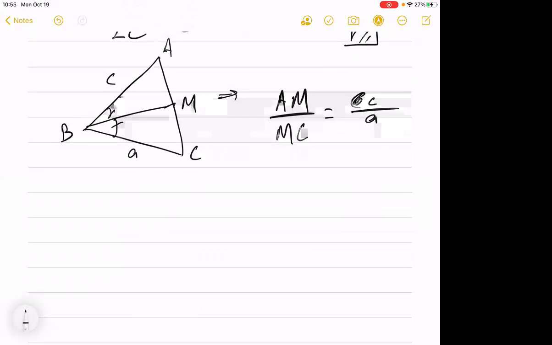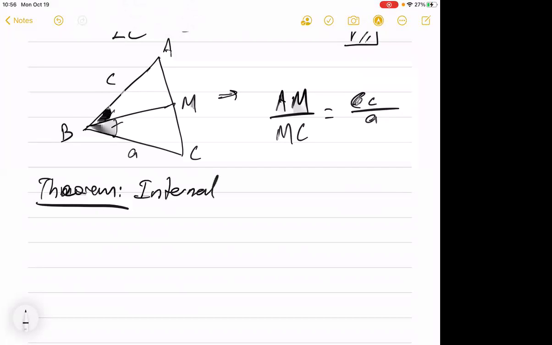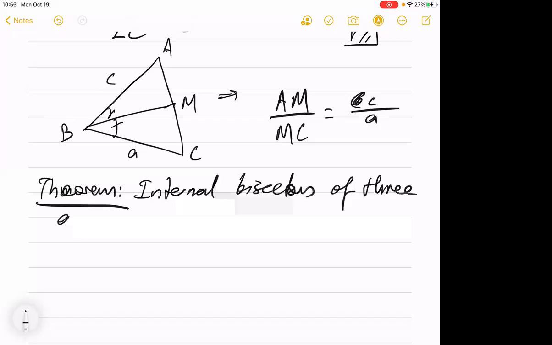As a corollary of this theorem, we have another important theorem that you have probably heard before. The internal bisectors of the three angles of a triangle are concurrent.